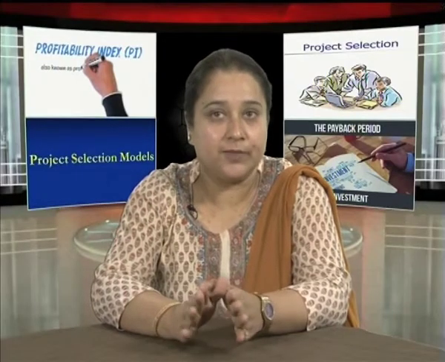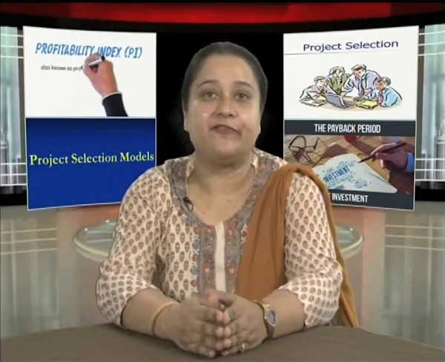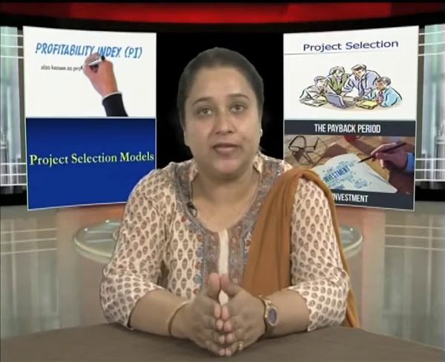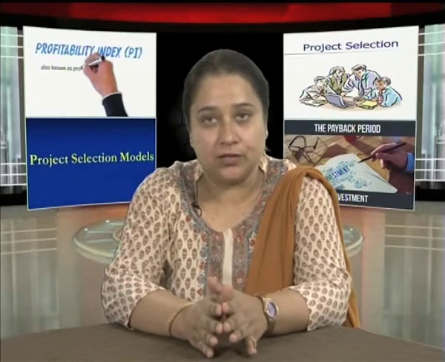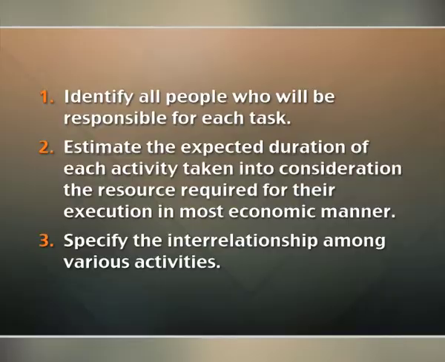Once all work packages, that is tasks, have been identified and given unique names or identifiers, we move to scheduling of the project, that is, when each of the activities is required to be performed. The various steps are as follows. Number 1. Identify all people who will be responsible for each task. Number 2.